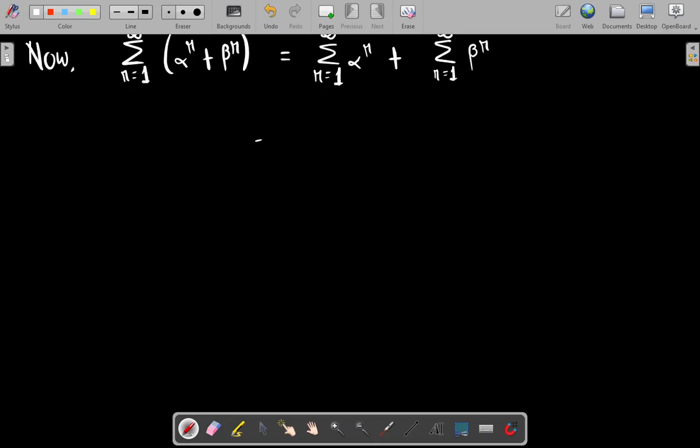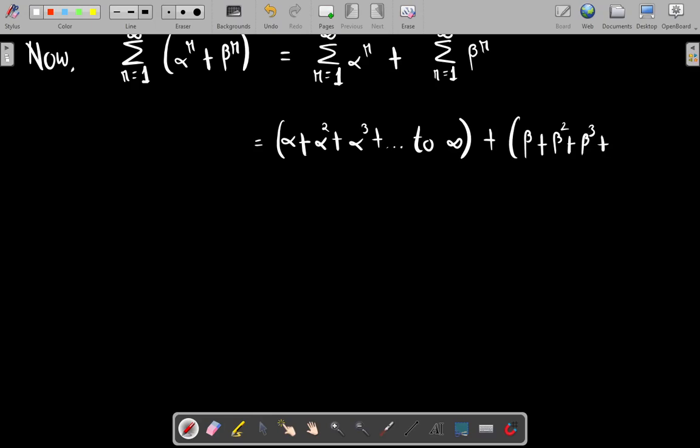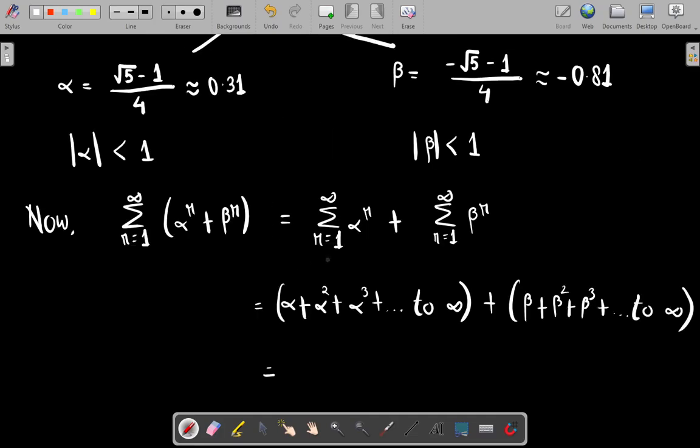This means the first sum is alpha plus alpha square plus alpha cube and it goes to infinity, and similarly the second sum is beta plus beta square plus beta cube, also going to infinity. Both are infinite sums, and they are convergent because the absolute values of alpha and beta are less than 1.